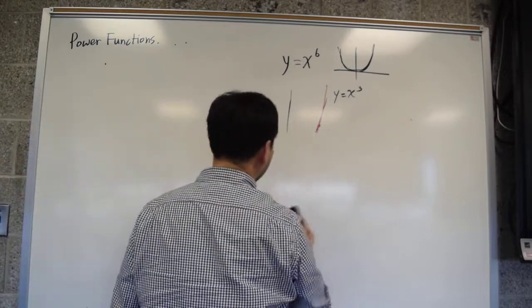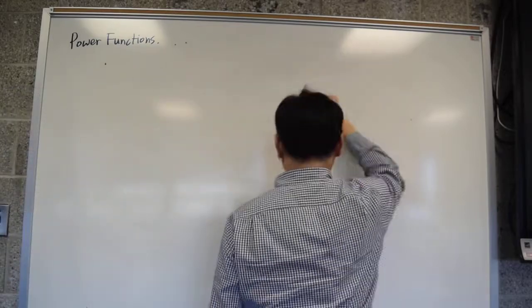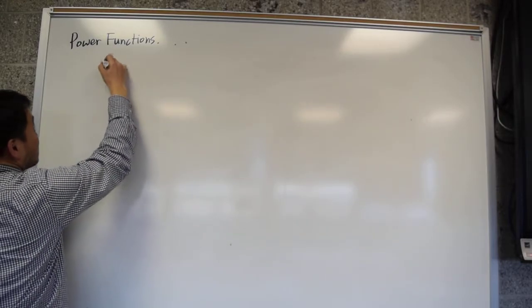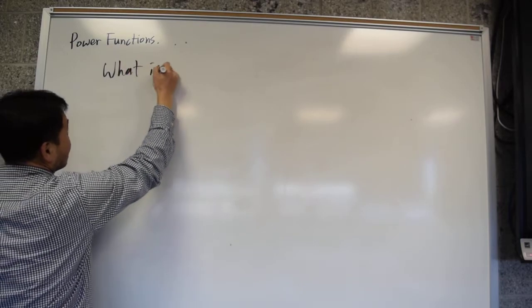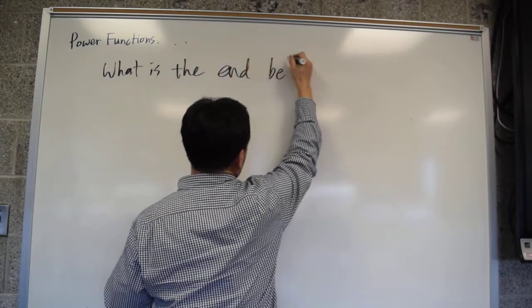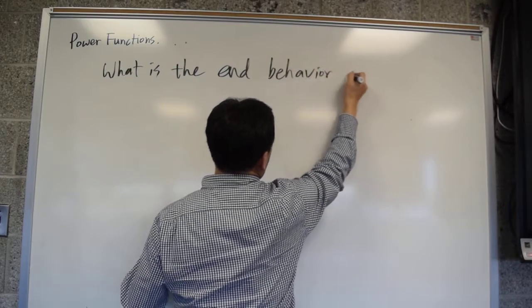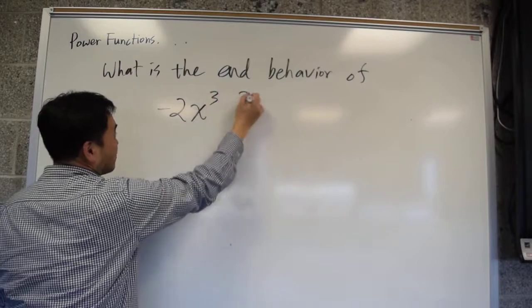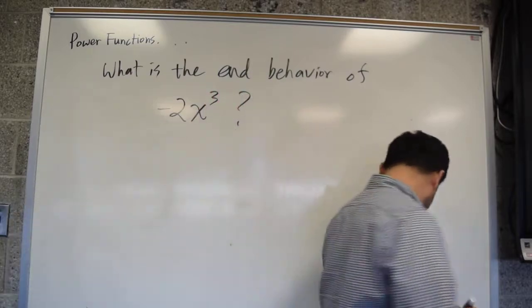What is the end behavior of negative 2x cubed? Think about this.